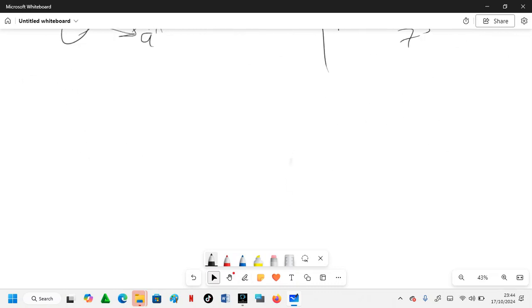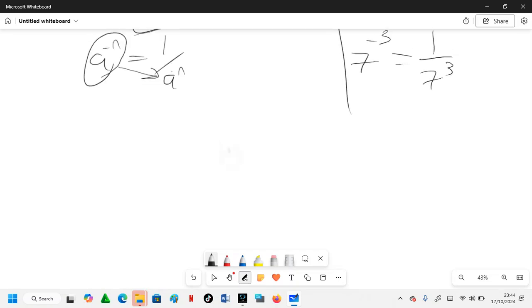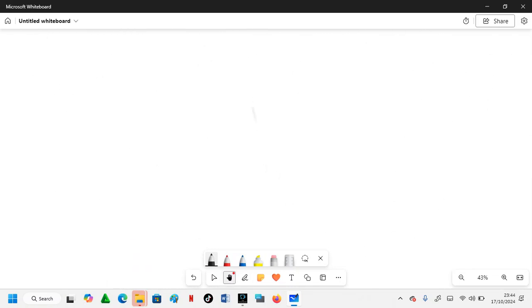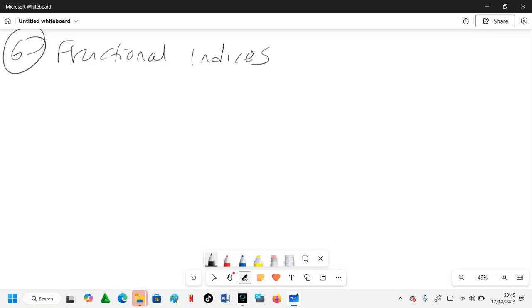And finally, the final principle that we need to understand is called fractional indices. I'm going to start from the most basic part.